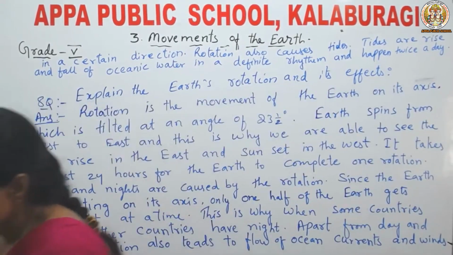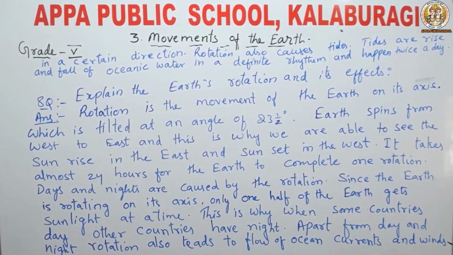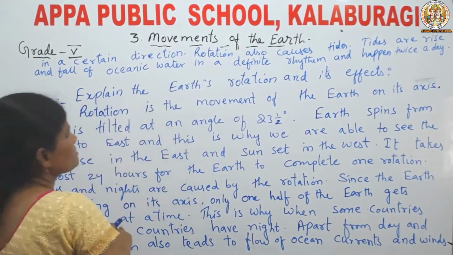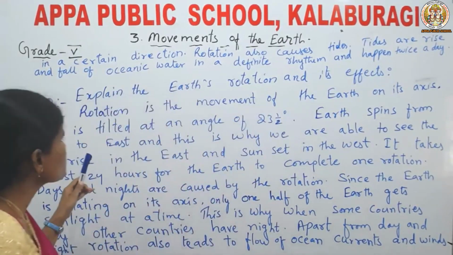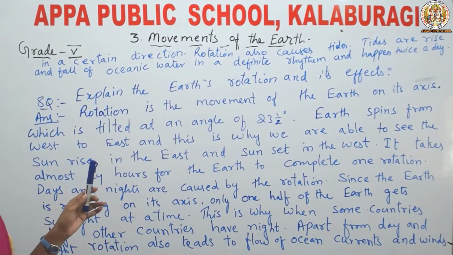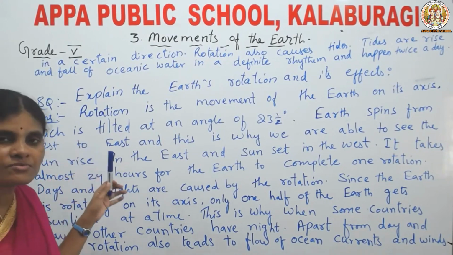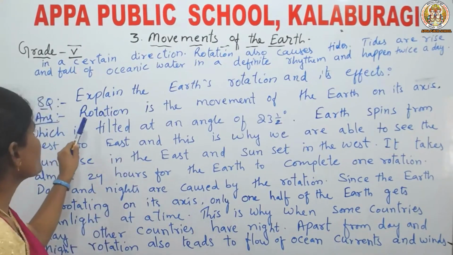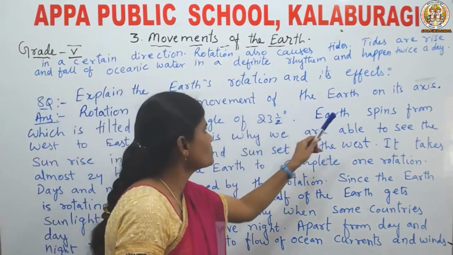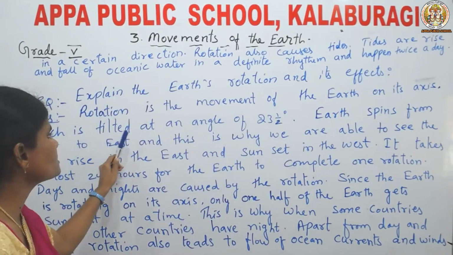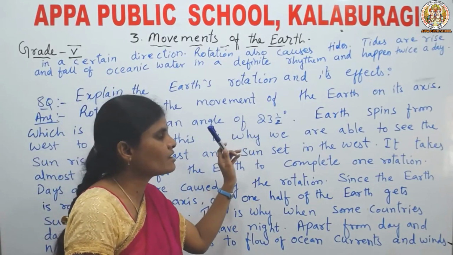Say, children, now explain the Earth's rotation and its effects. This is the question. What are the effects of the rotation? Rotation is the movement of the Earth on its axis, which is tilted at an angle of 23.5 degrees.